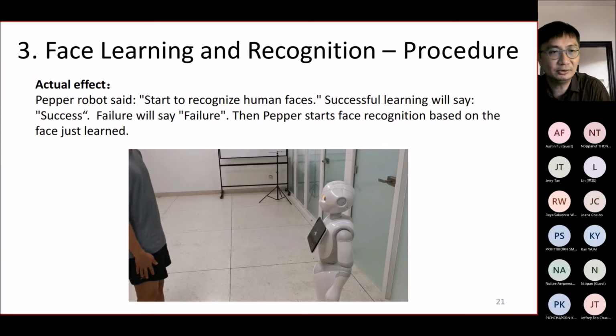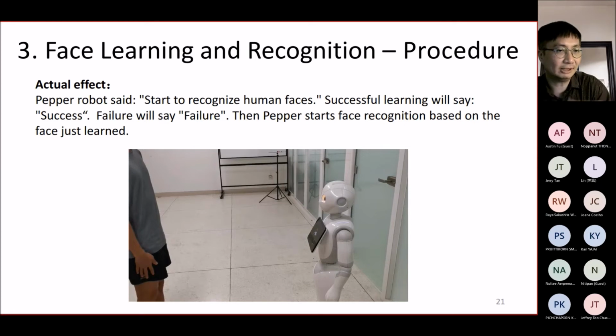Then upon successful learning, Pepper will say success, or okay, I have remembered your face, right? Things like that. Or on failure it will say, okay, I can't really see clearly. Can you please stand closer, or just give me another chance to remember your face, and so on. So you can design this kind of dialogue.